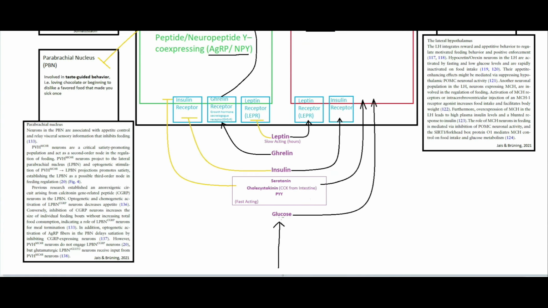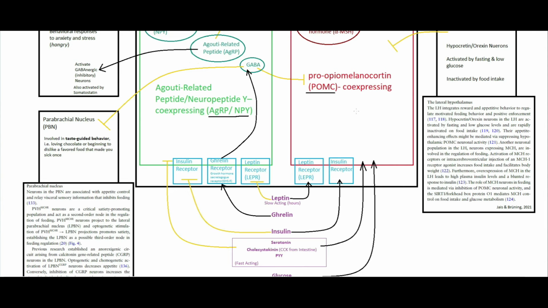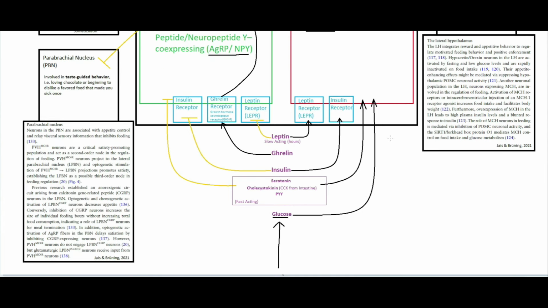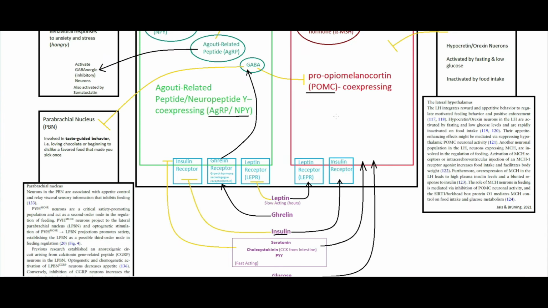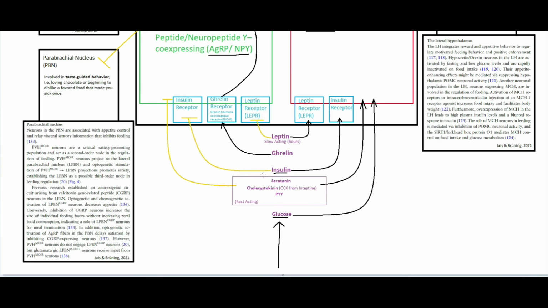And we see that glucose activates the stop eating neurons over here, which makes sense. If we have a lot of glucose in the blood, that means we probably don't need to eat. Insulin also activates the stop eating neurons, and it inhibits the start eating neurons here.